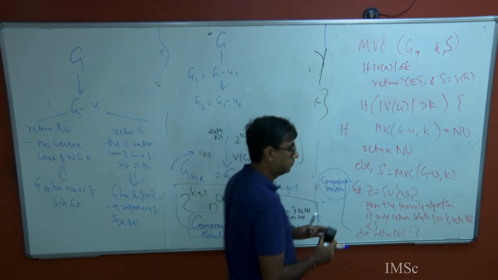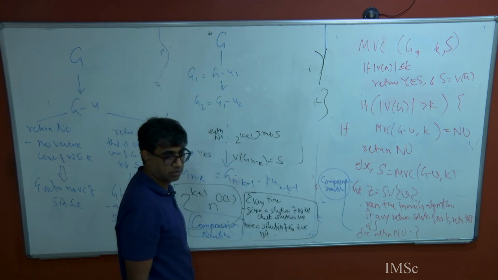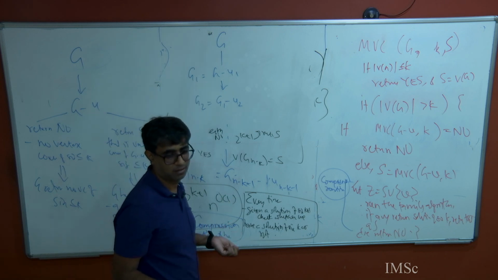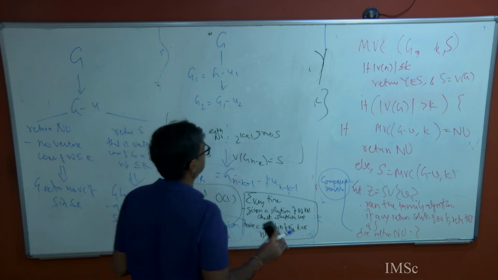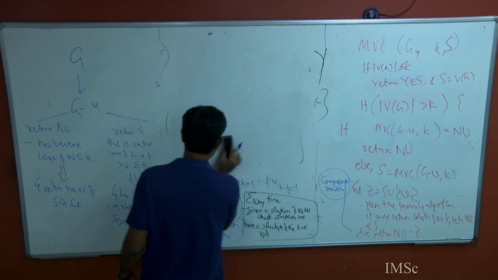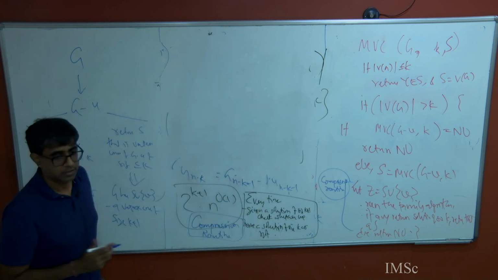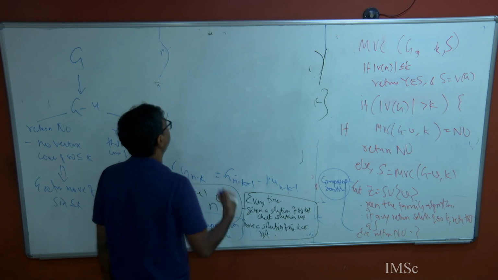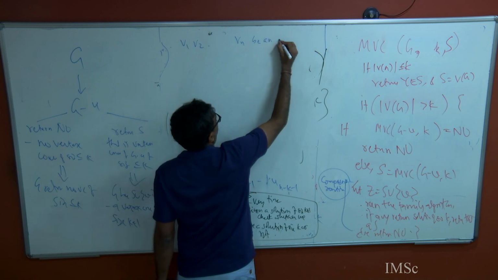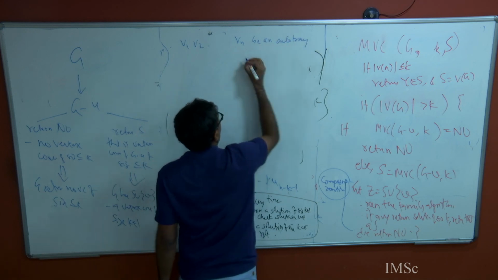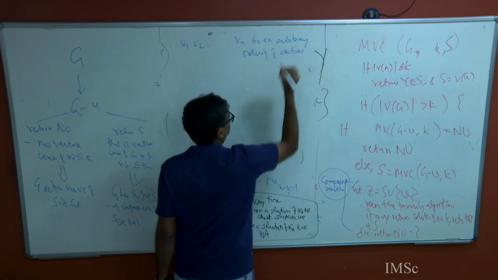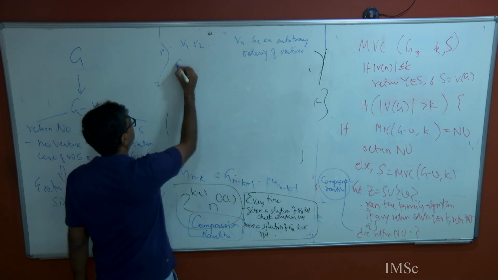Okay. Now rather than going top down, we can also go bottom up, and this is what is called iterative composition. It's the same thing. So what I mean by this: let v1 to vn be an arbitrary ordering of vertices. And what is graph Gi?